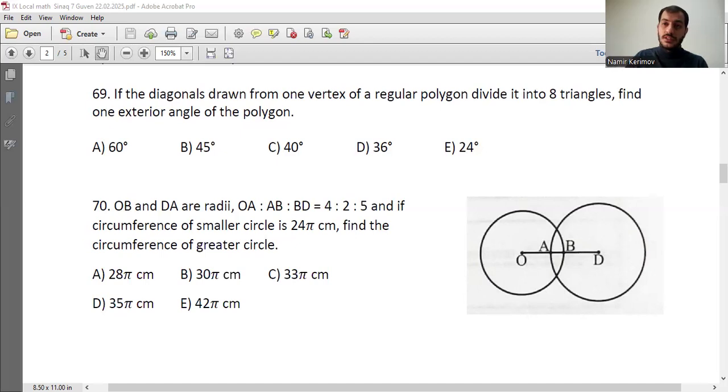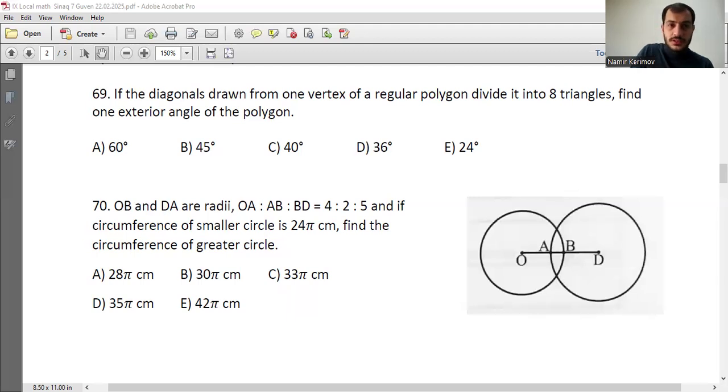Then we can find the number of sides by using the formula n minus 2 times 180. Or instead of wasting time, we can just say n minus 2 should be 8. So n equals 10. So the number of sides of that polygon equals 10.